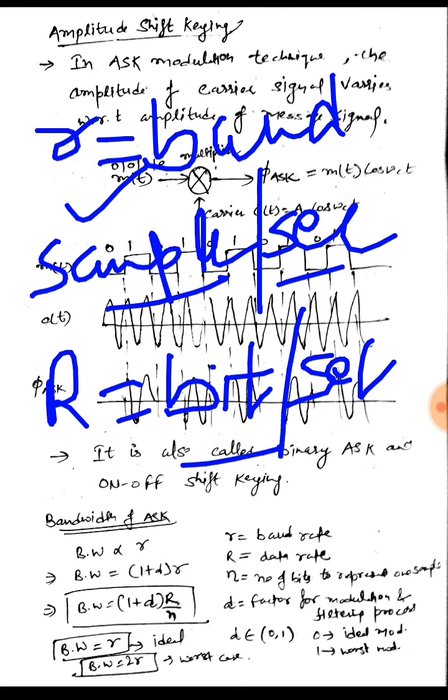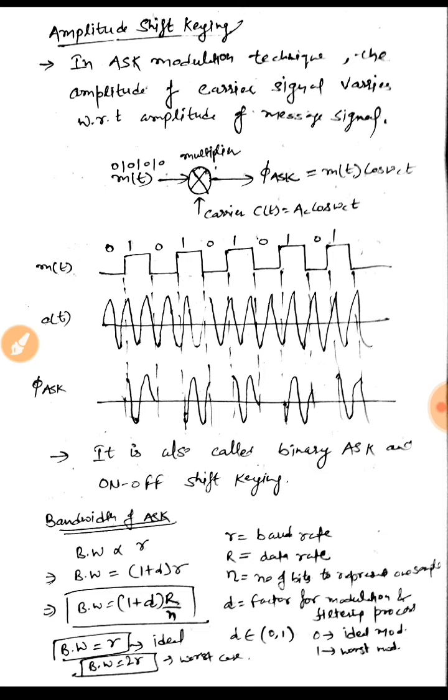So the bandwidth of ASK would depend proportionally on the baud rate, that is the number of samples we are transmitting per second. There is a proportionality constant 1 plus d, so bandwidth is (1 + d) times R, where d is the factor for the modulation and filtering process.